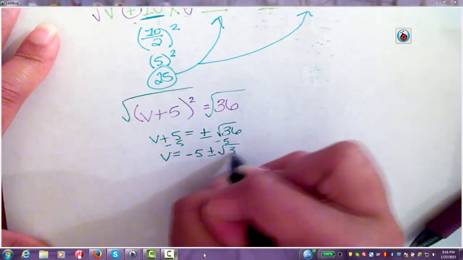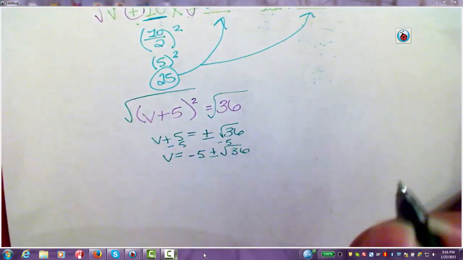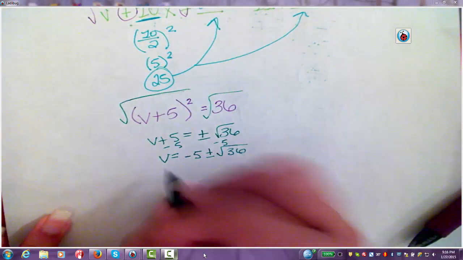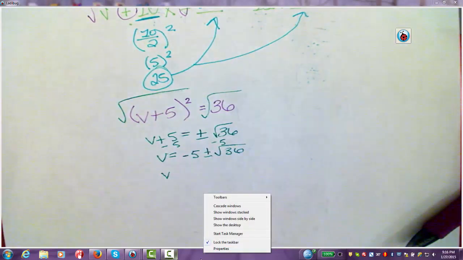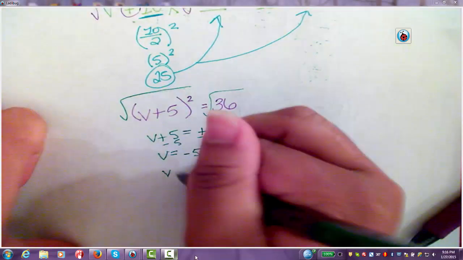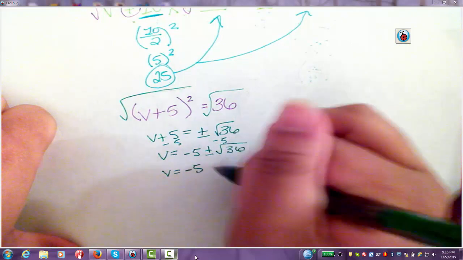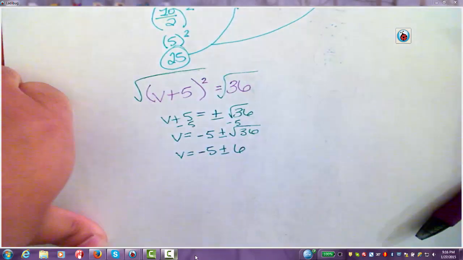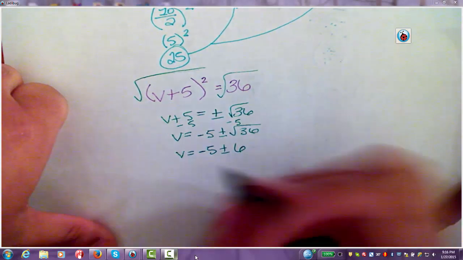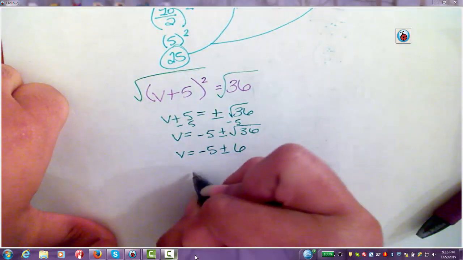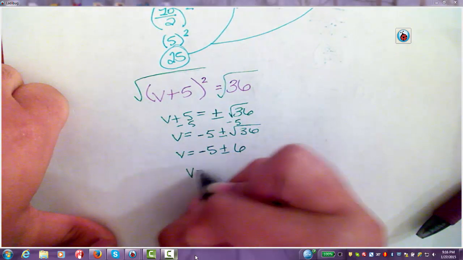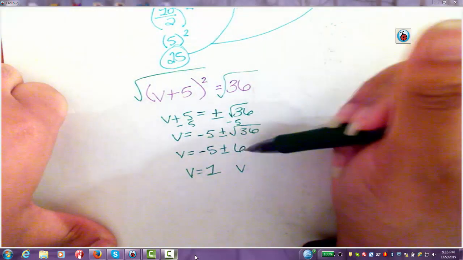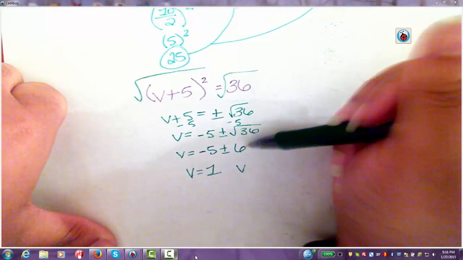But what is the square root of 36? It is 6, so we get v equals negative 5 plus or minus 6. So what is negative 5 plus 6? So it's positive 1. So v equals positive 1, and then negative 5 minus 6 is negative 11. So v equals negative 11.